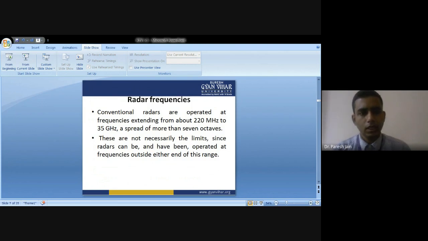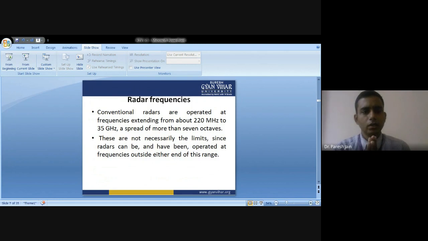This is the frequency spectrum for conventional radars, a spread of more than 7 octaves. So the lower limit of the frequency is 220 megahertz, and the upper limit is 35 gigahertz for our radar.